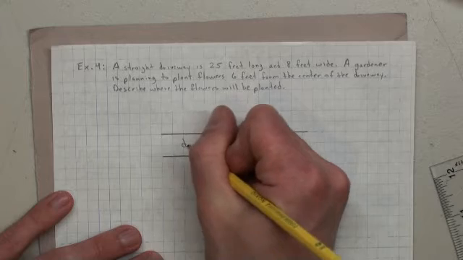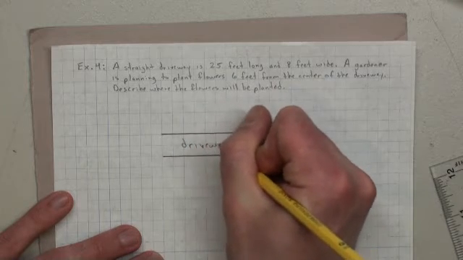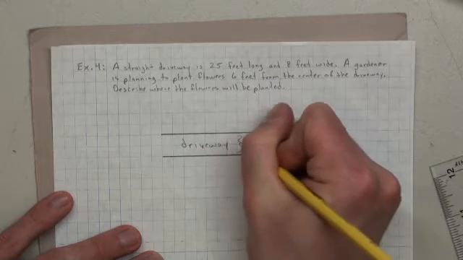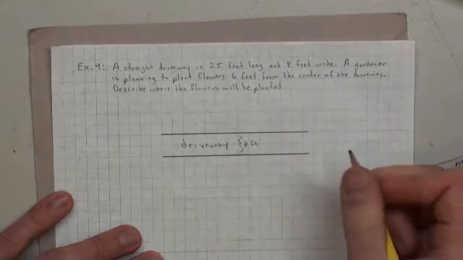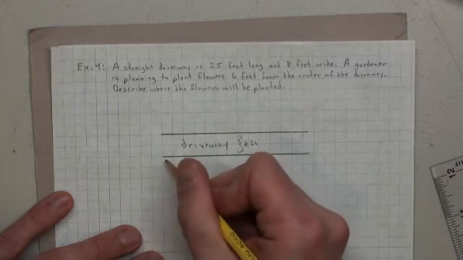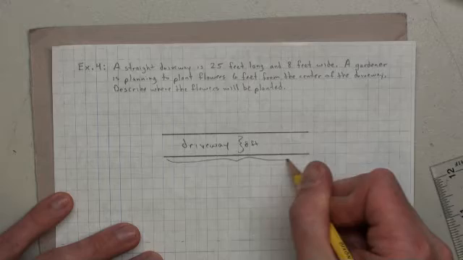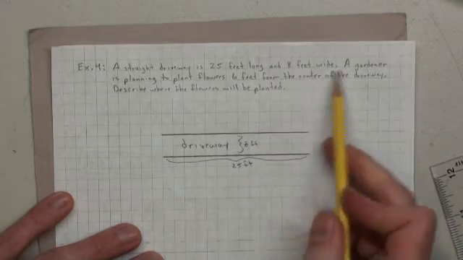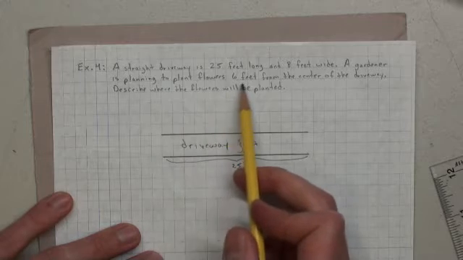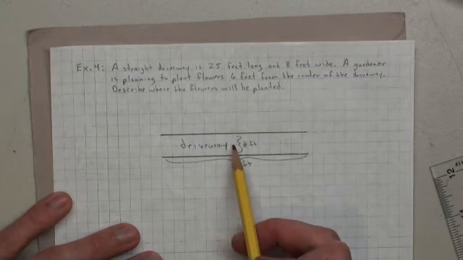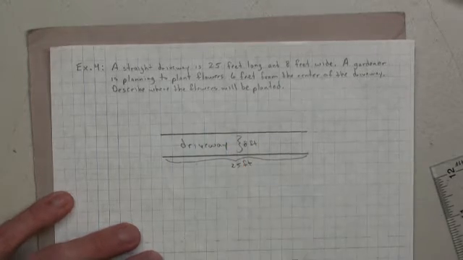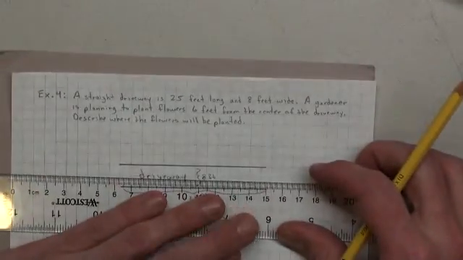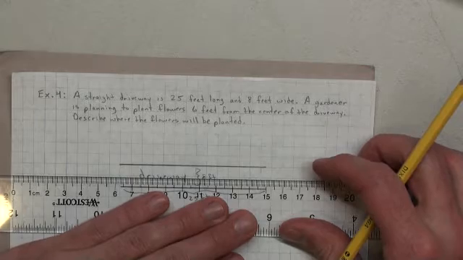So I don't know if we really care about that. Let's just put here driveway. And if we want to show this is 8 feet wide. Okay. And this dimension is 25 feet. Now a gardener is planning to plant flowers 6 feet from the center of the driveway. Okay, so let's draw another line to represent.